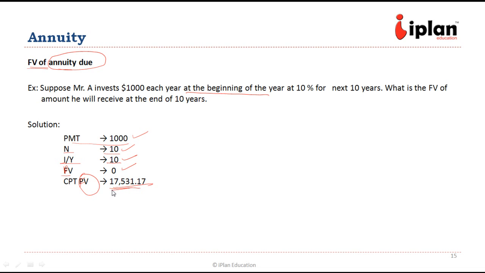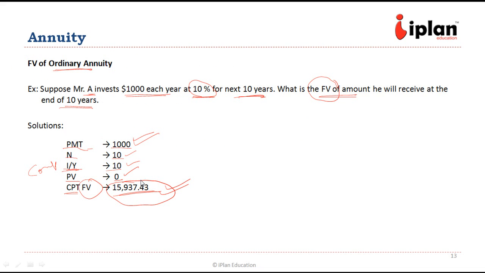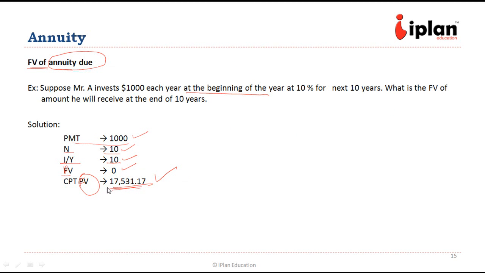The future value is going to be 17,531. Again, this number is higher than the case of ordinary annuity. Here it was 15,937. Now we are getting 17,531. The number is higher because we are getting the payment at the beginning of the year every time.